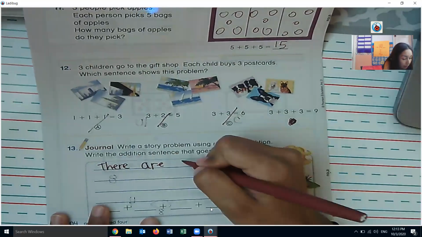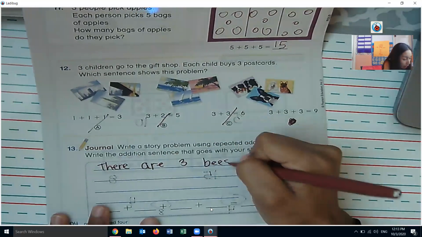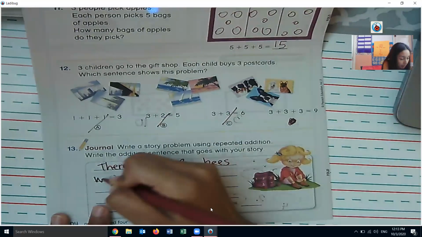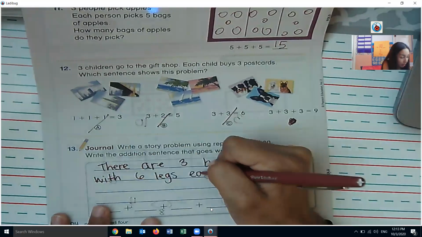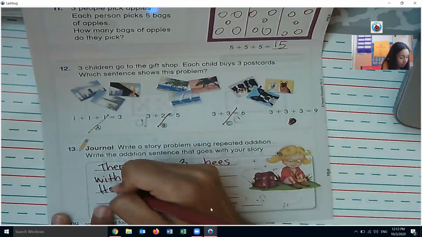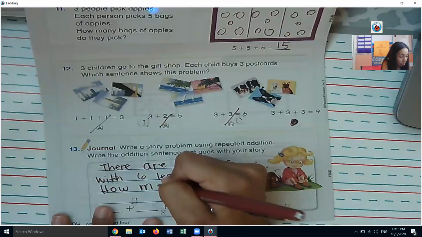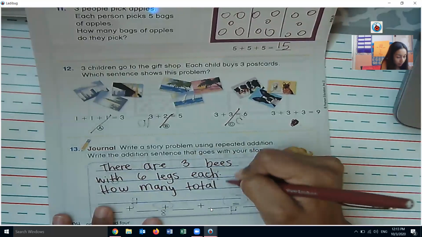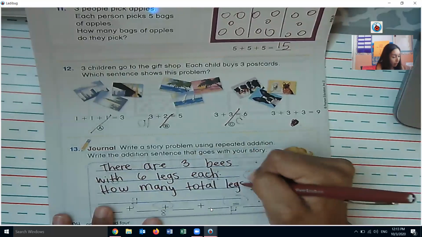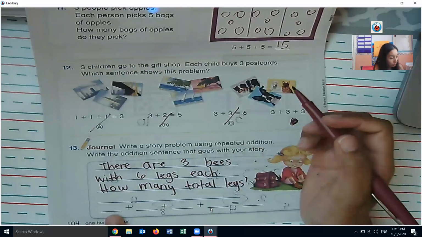There are 3 bees with 6 legs each. How many total legs? How many legs in all? So there's 3 bees, that's 1, 2, 3.